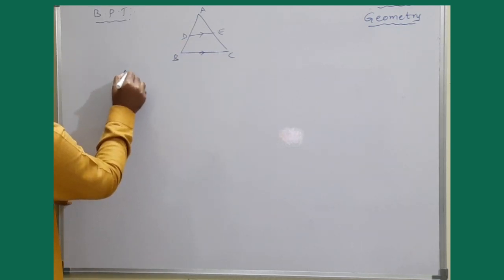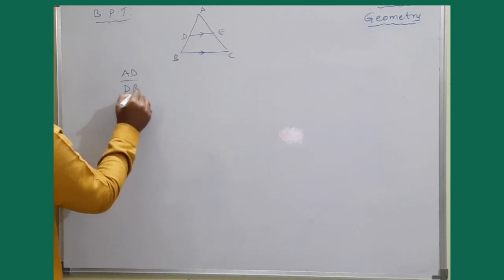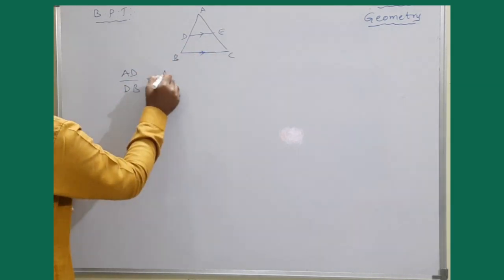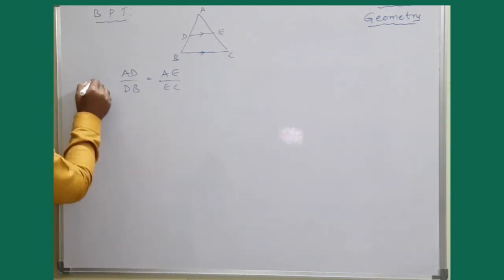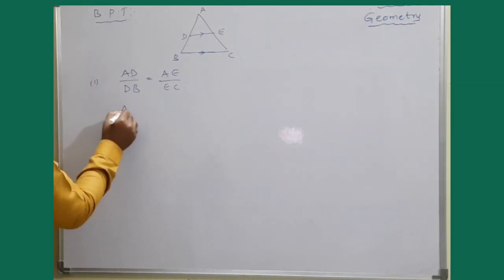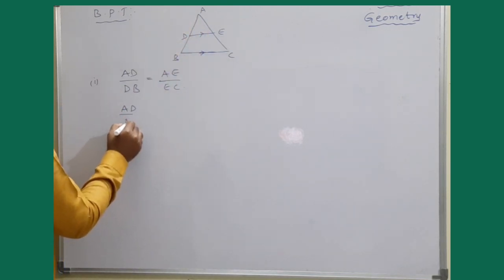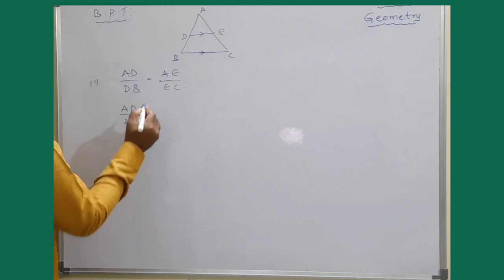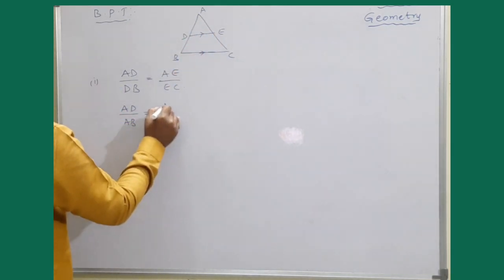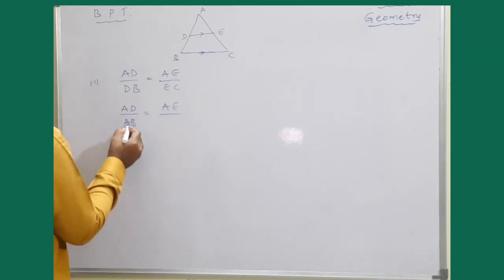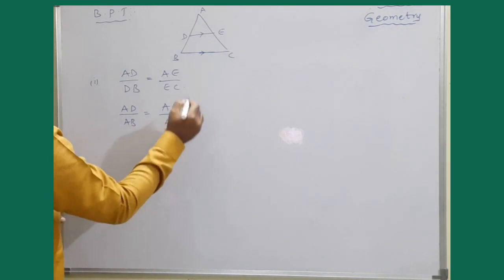That is, one thing I can say is AD by DB equals AE by EC, or else we can also take AD by entirely AB. In the same way, AD's corresponding side will be AE, and since here we consider the whole length AB, here we can take it as AC.